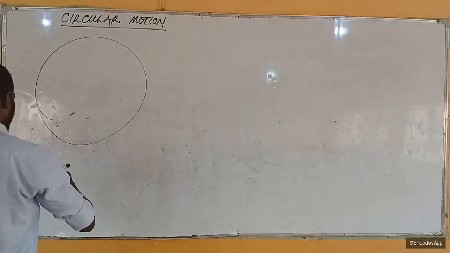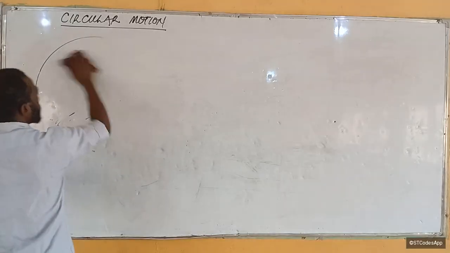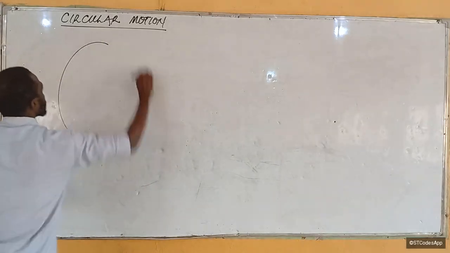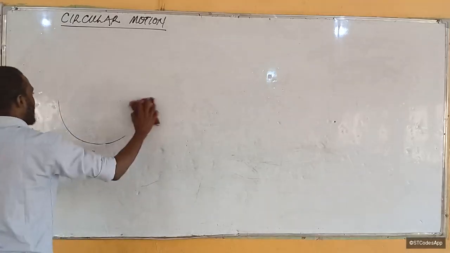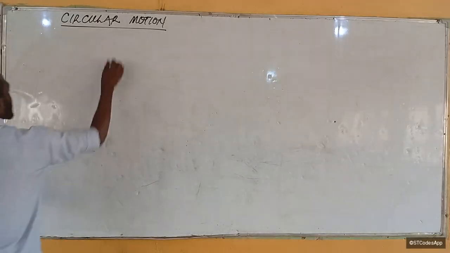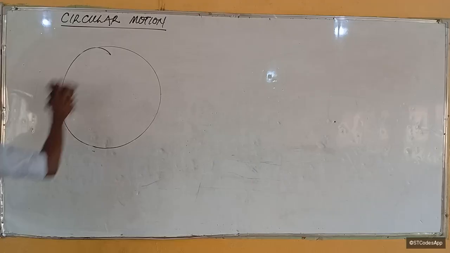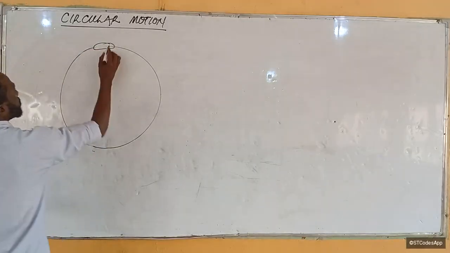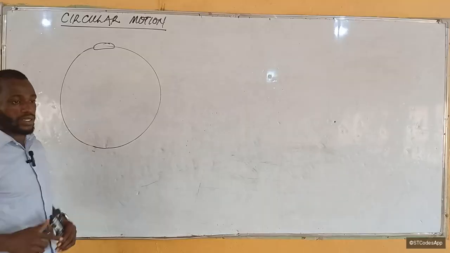So the body is moving around this circular path. Let's say that body is here, for example. It keeps going round and round and round.